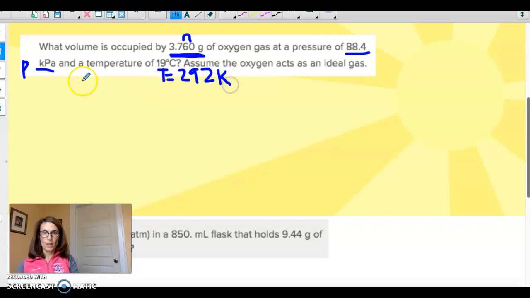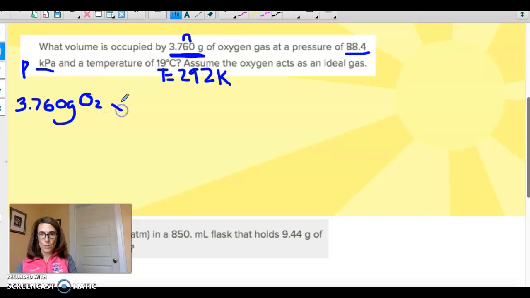All right, and what we can do is we can go ahead and convert our 3.760 grams of O2, right? And we want to use our molar mass. So 1 mole, and we're going to use 32 grams per mole since it's O2.